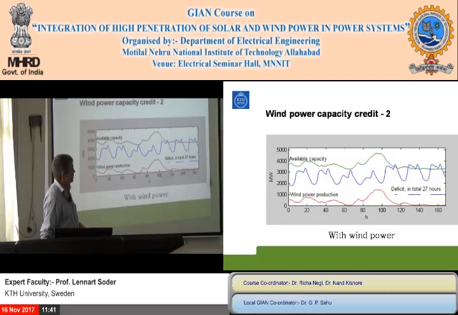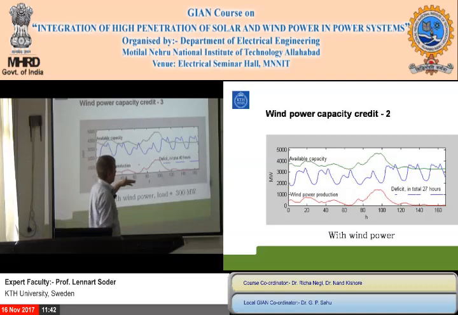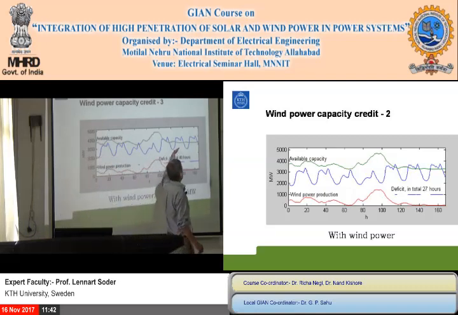And then you can say, but 40 was okay, so I can accept a higher demand. So no wind power, I install wind power, and thanks to the wind power I can accept an increased load. This means that I increase the demand until I get the same deficit as earlier. This is the capacity credit.